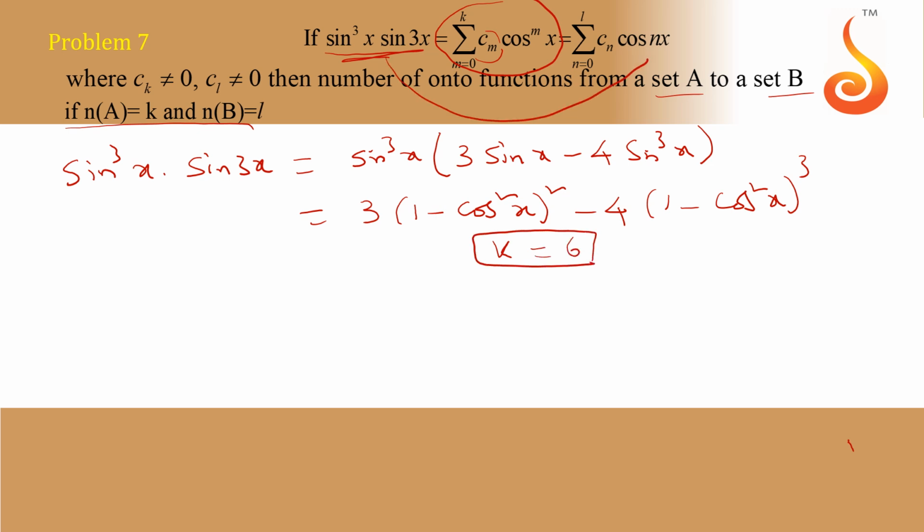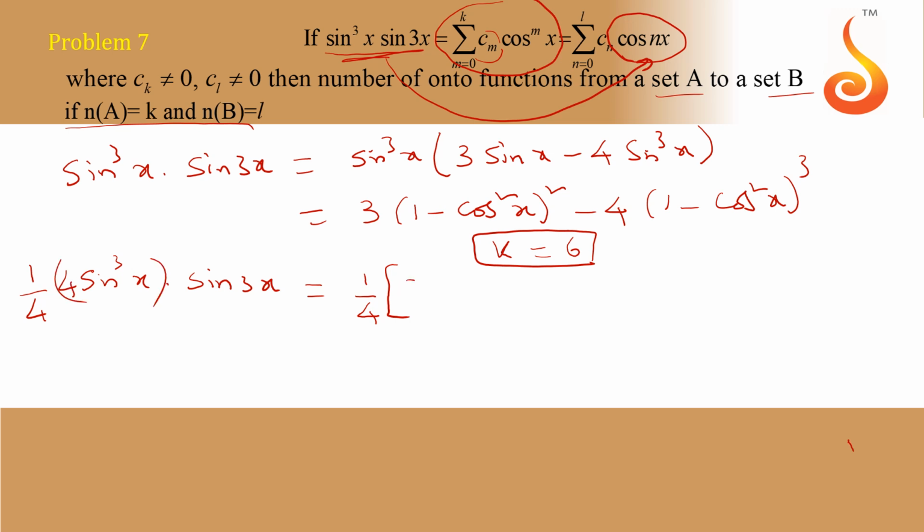Similarly, now the same sin cube x into sin 3x, we have to express in cos multiple angles, cos nx. So let us write this as 1 by 4 sin cube x.